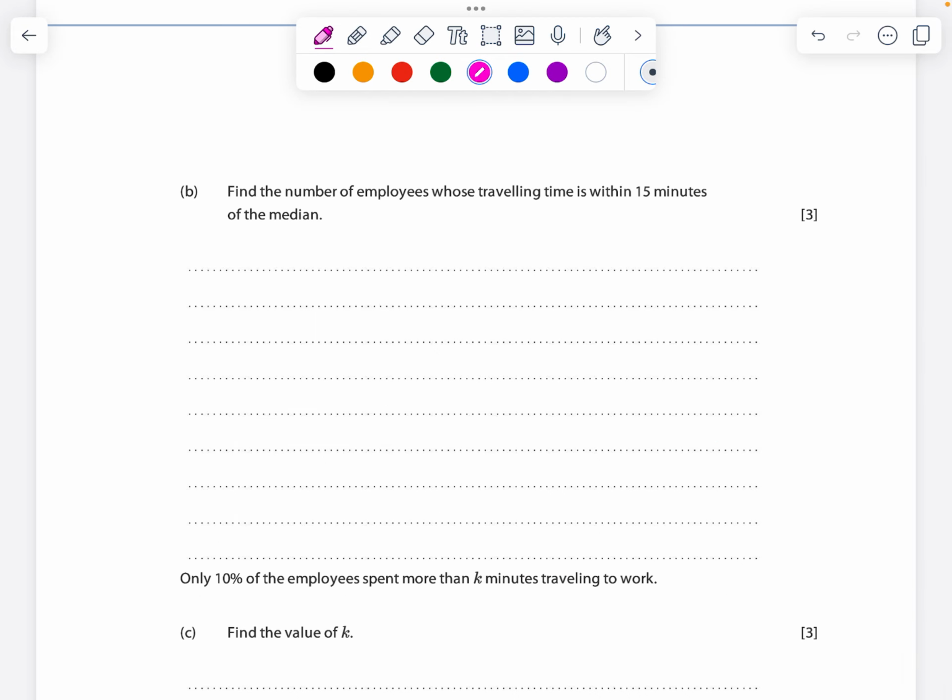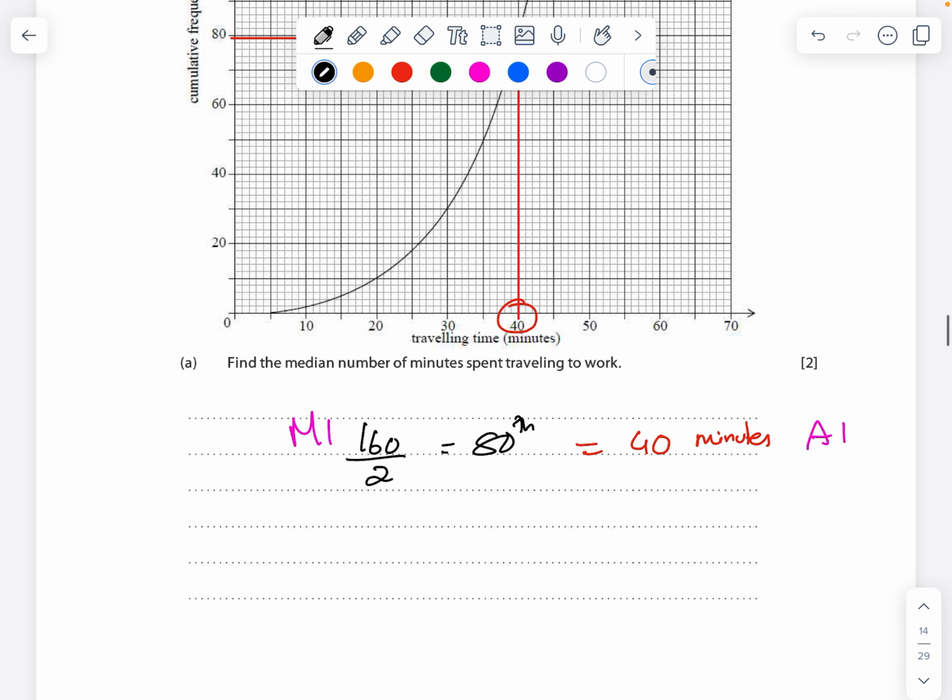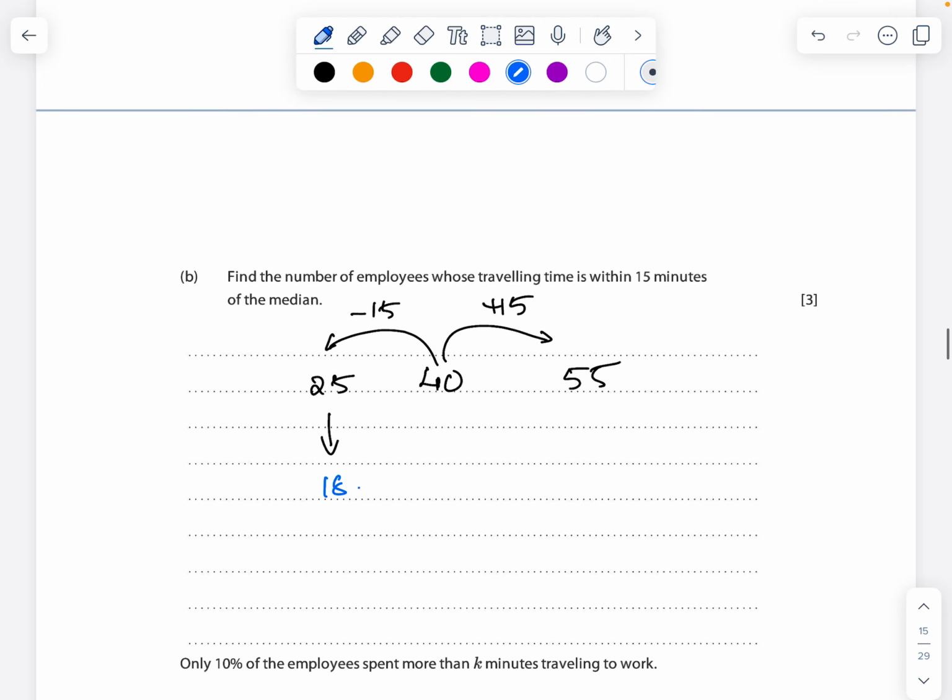Find the number of employees who are traveling within 15 minutes of the median. So the median was 40. So 40 plus 15, which is 55, and 40 minus 15, which is 25. From 25, I draw the line and drop it down. So it's going to be 18 employees.